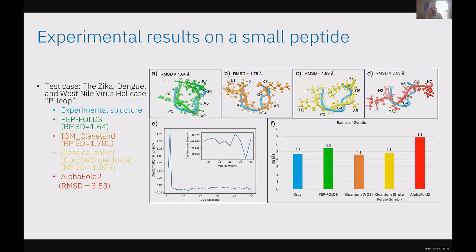But one thing we can say is that as the problem space gets larger and larger, there's going to be an inflection point where the classical optimizers are going to struggle and you have to use something else. At some point, the configuration space is going to be way too big, and you're still using approximate solvers, and they're not going to work as well. You have to try something different. If you have 100 amino acids, no one is going to use brute-force solvers because it's going to be way too expensive to run.